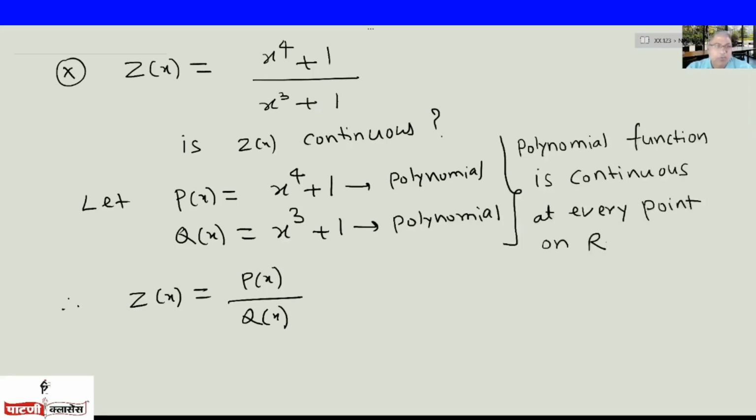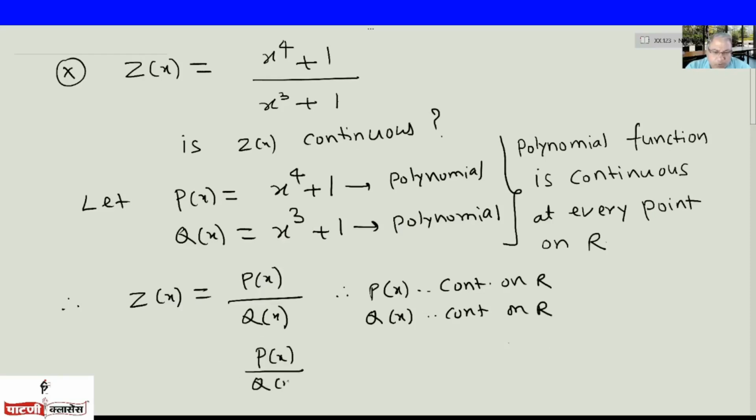Since a polynomial function is continuous at every point on R, p of x is continuous on R and q of x is continuous on R. Both polynomials are continuous on R. Therefore, the resulting function p of x upon q of x is also a continuous function. This implies z of x is continuous.